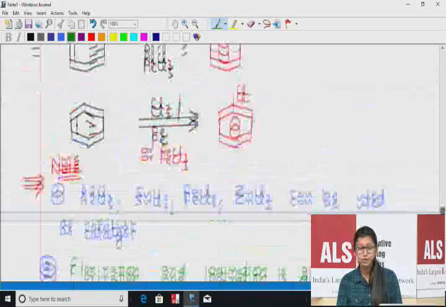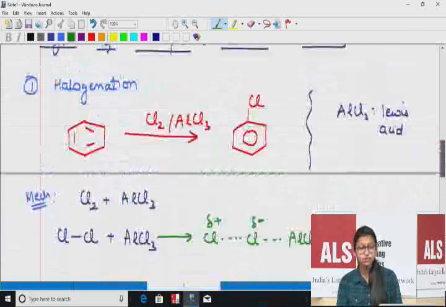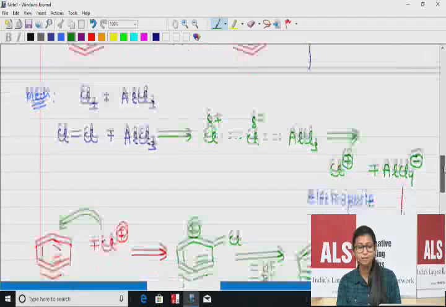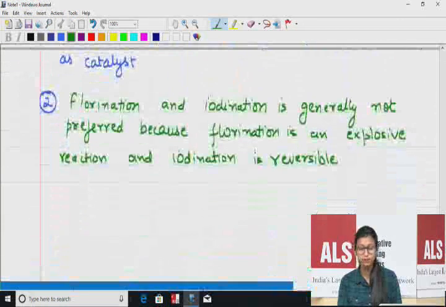So I hope we are done with the first type of reaction. This is the halogenation reaction, okay? Like I have taken here the example of chlorine. You people can take the example of bromination also and any of the examples, okay?